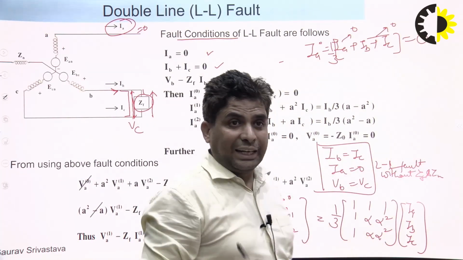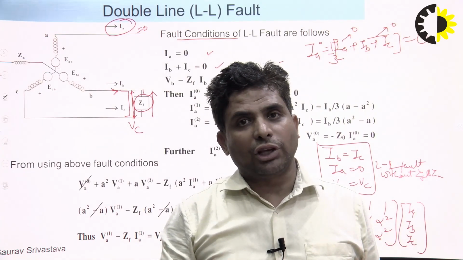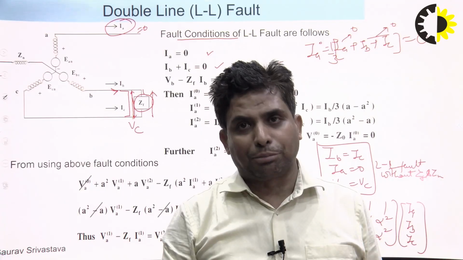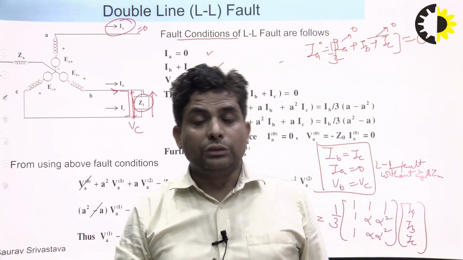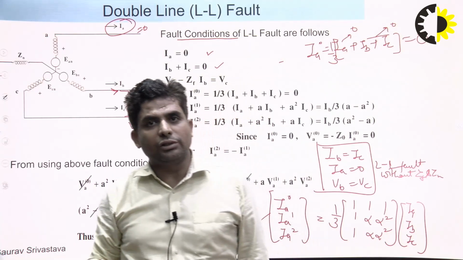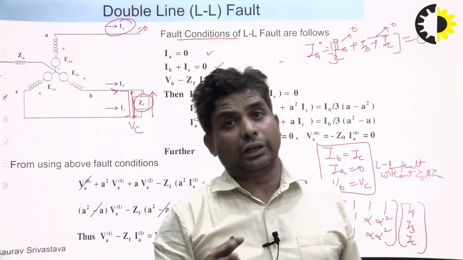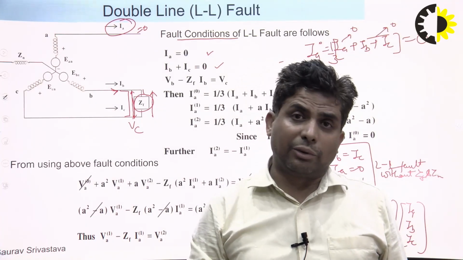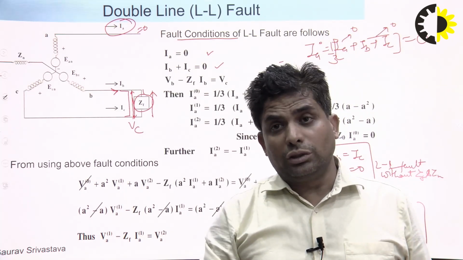That means in the double L fault, the line to line fault, the zero sequence current is absent, so the zero sequence network is also absent. So when we find the interconnection network for the double L fault, there is no zero sequence network.